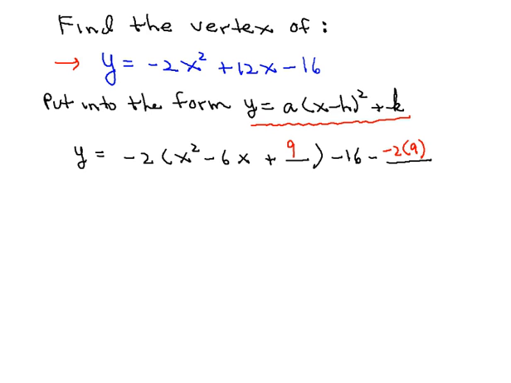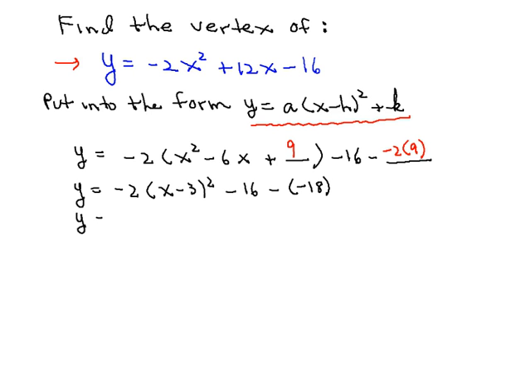So now we'll go back and factor, and we have y is equal to negative 2 times the quantity x minus 3 squared. Then we have minus 16, then minus the product of negative 2 and 9, which is minus 18.